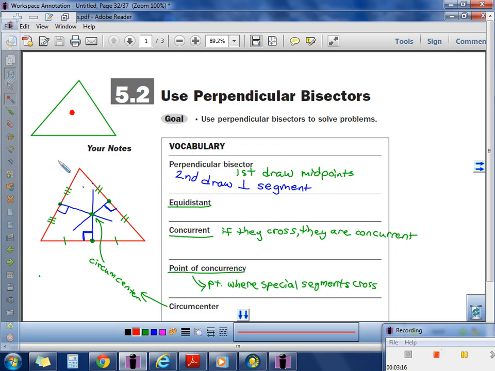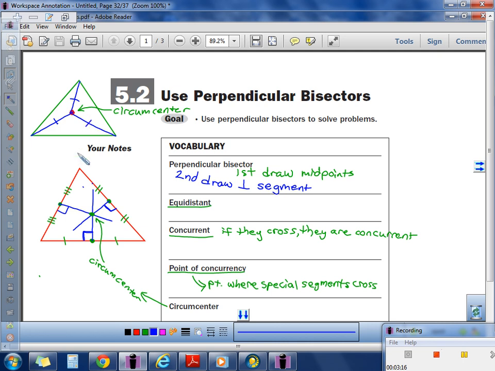So the neat thing, if that point is called the circumcenter, then we have some interesting facts that occur. These distances will be the same from a vertex to that point. Those three distances will be the same.